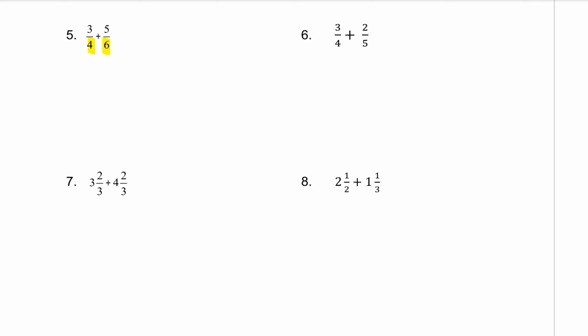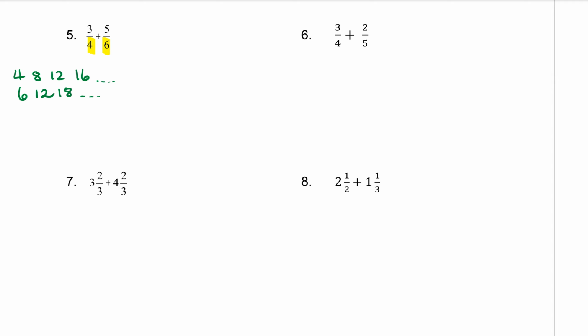If you remember talking about multiples, the multiples of 4 are 4, 8, 12, 16, and so on. If I look at the multiples of 6, it is 6, 12, 18, and so on from there.